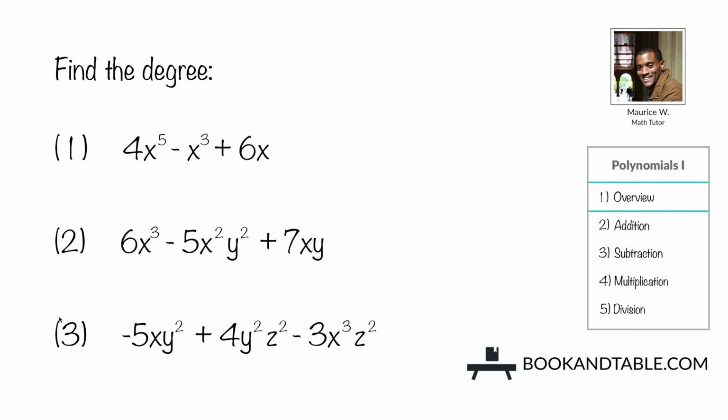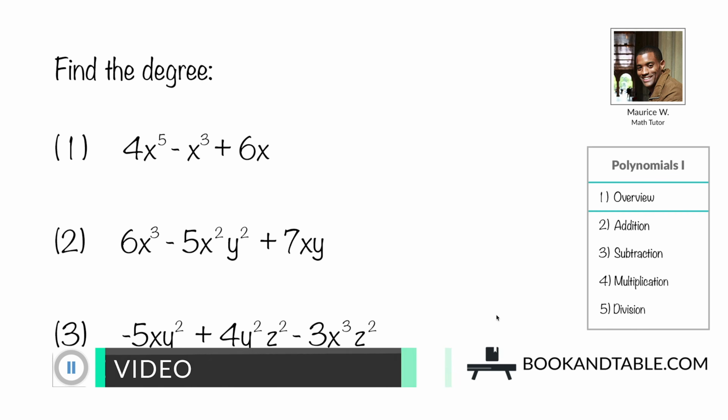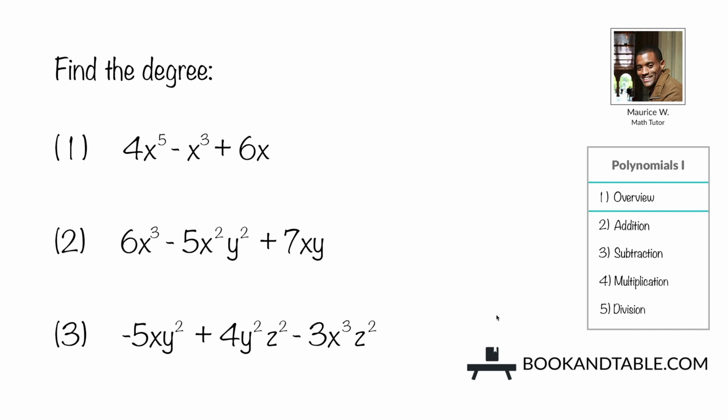In question number 3, find the degree of negative 5xy squared plus 4y squared z squared minus 3x cubed z squared. Pause the video, answer these questions, and then press play when you are ready to begin.